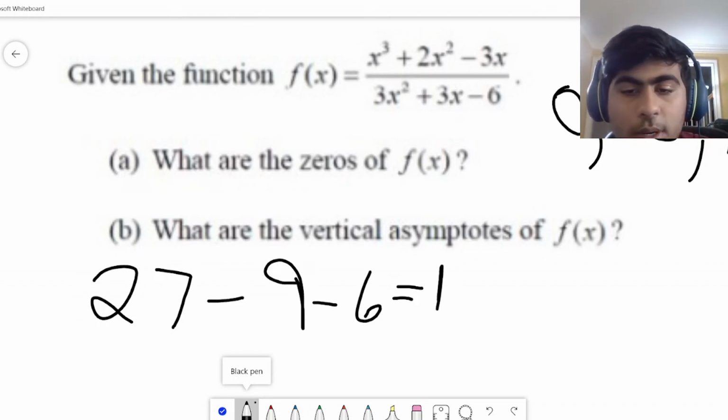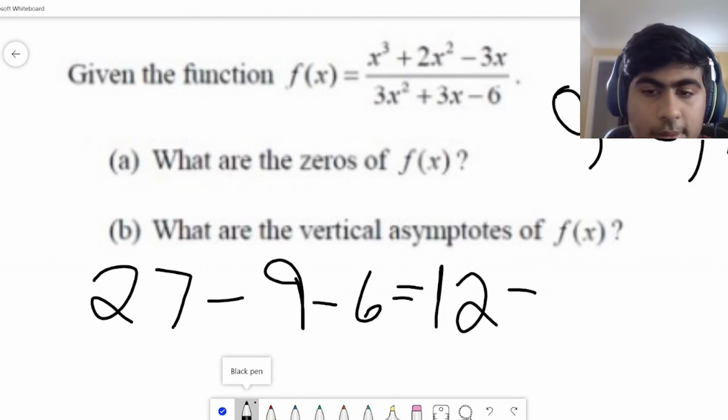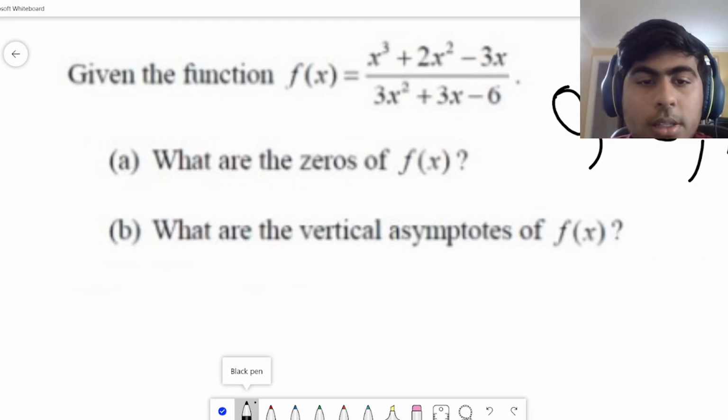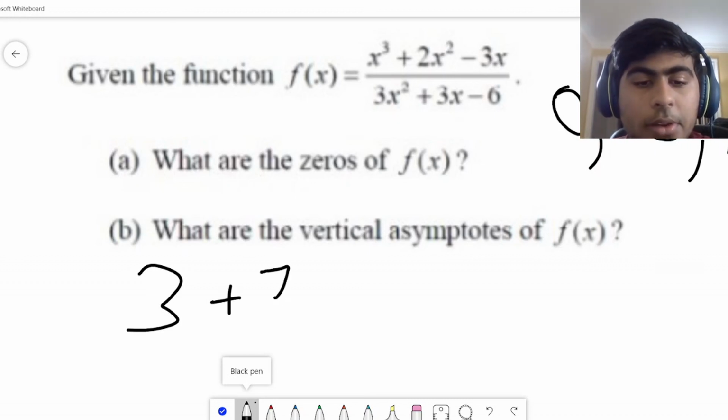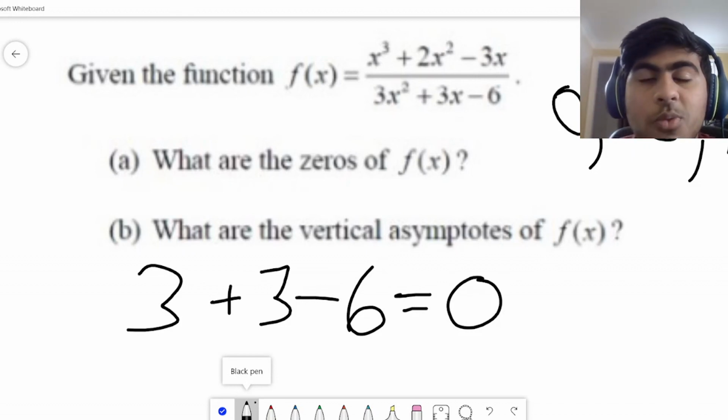That is equal to 12, which is not 0. All good. Now we plug in 1. And 1 squared times 3, that's 3. 3 times 1, 3x is another 3, minus 6. And that's 0. So for x equals 1, we have a 0 in the numerator and the denominator.